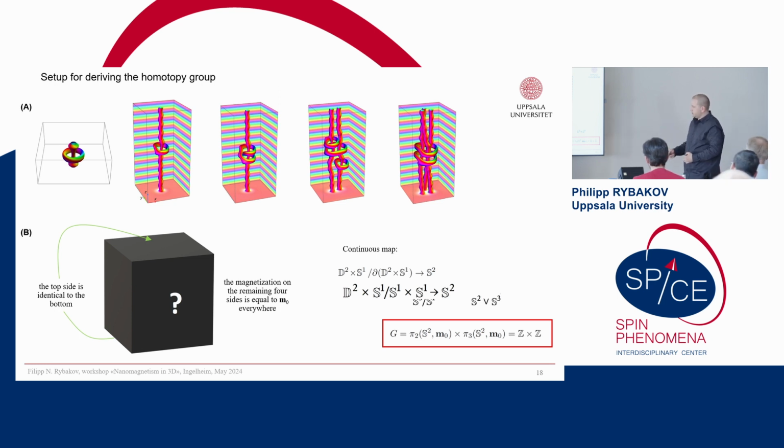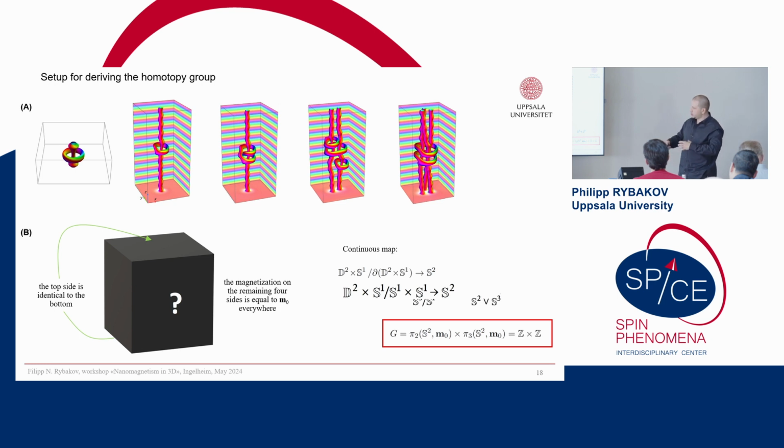We can imagine that we have a black box, and the only condition is that we expect something the same on the top and bottom side, and something trivial on the rest of the perimeter.